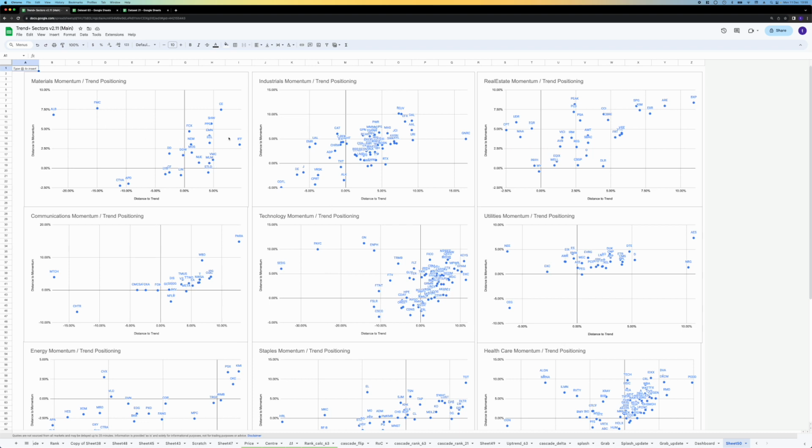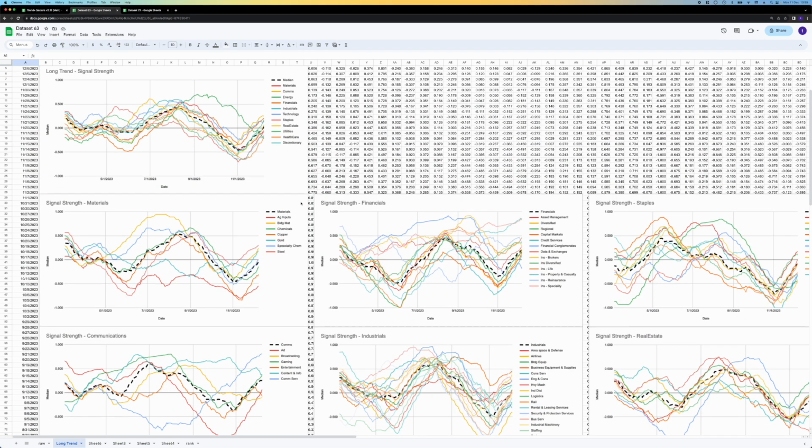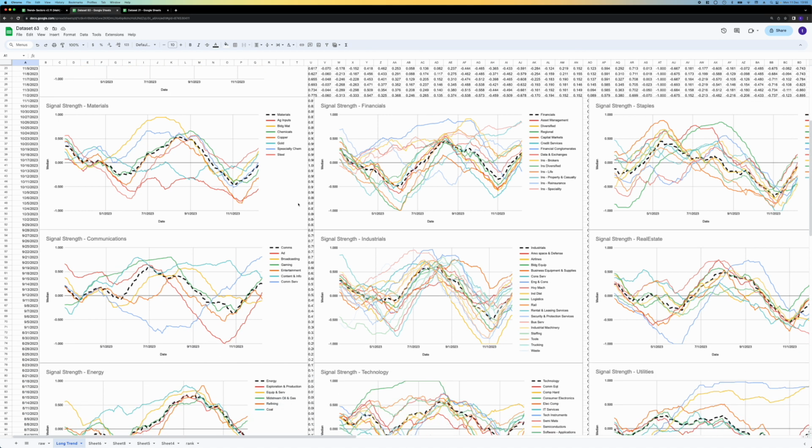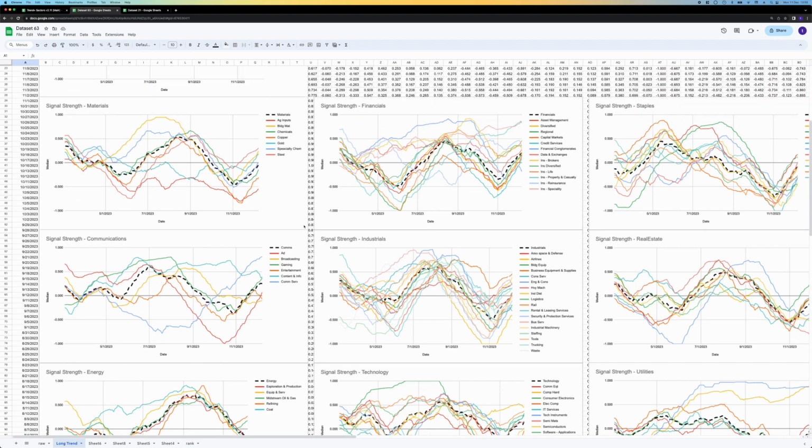So this is one of the sections that goes into calculating it, and this is what it looks like. It all looks very messy, but it's a visualization to show you what's doing what.